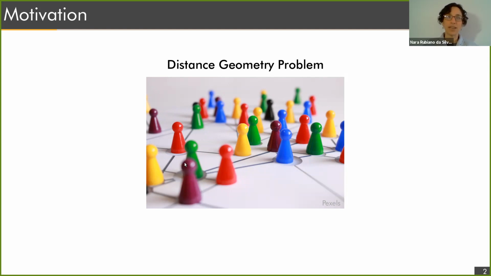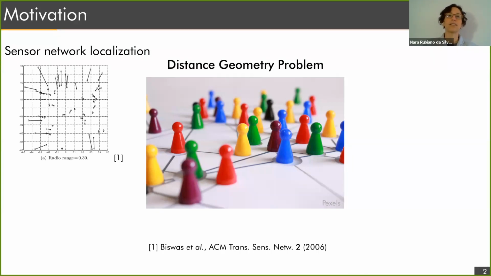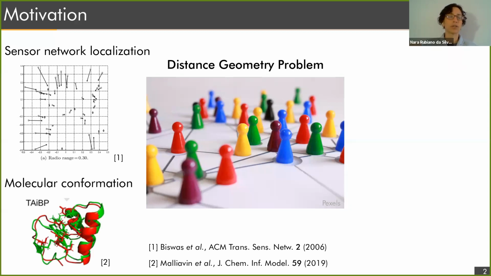Well, I've seen many talks in this symposium showing very interesting applications, nice for physicists, for example localizing sensors in a network, or the talk two days ago about molecule conformation.